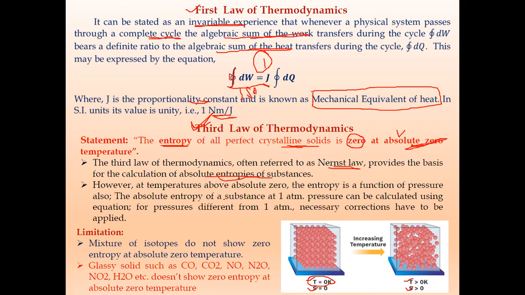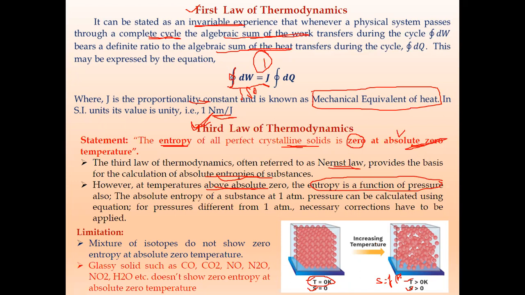However, at temperatures above absolute zero, the entropy is a function of pressure also. So above absolute zero temperature, the entropy is a function of pressure. So when pressure changes, the entropy will also change.